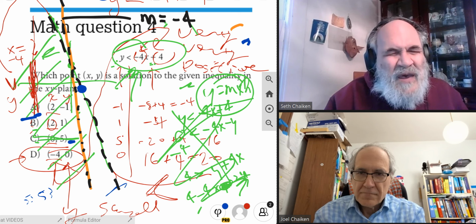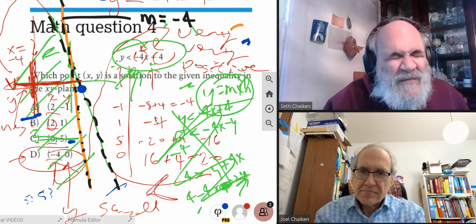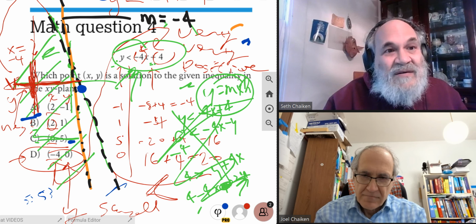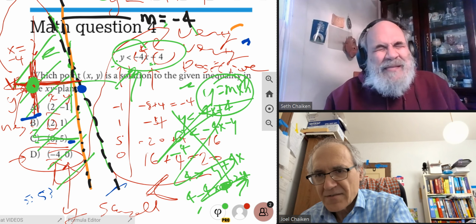There are more y values that set you below. And then you think about where negative 4, 0 is. Negative 4 is around here, and 0 is right on the x-axis, which is below the line. That's the thing right there.